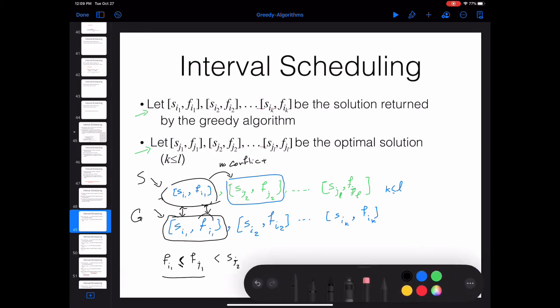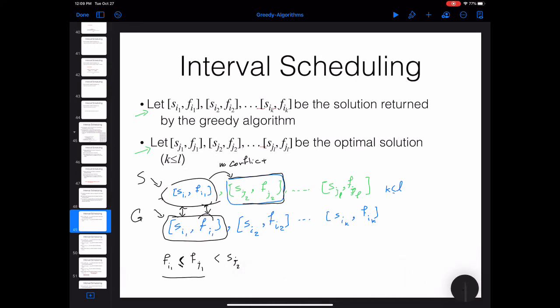I'm going to have exactly the same discussion for the second jobs, and gradually replace all the jobs in the optimal answer with the ones from the greedy solution.